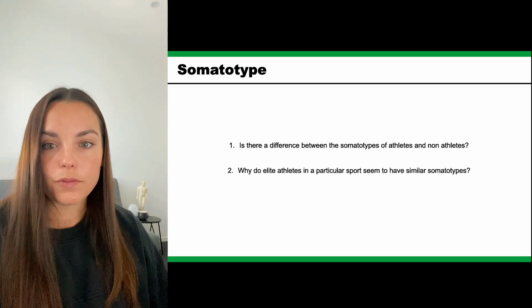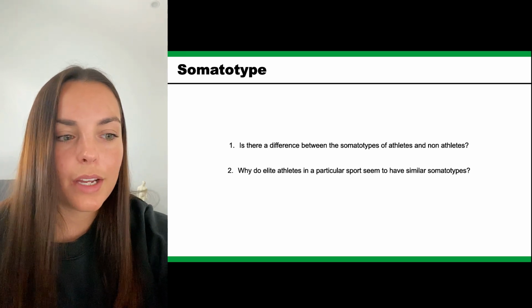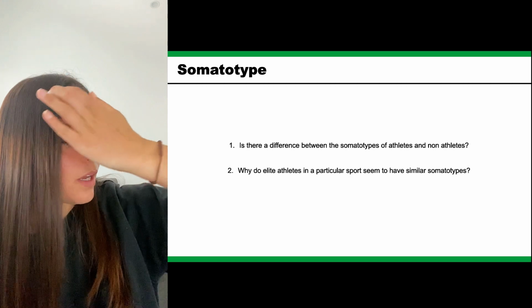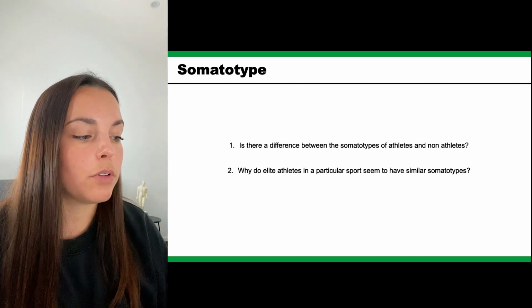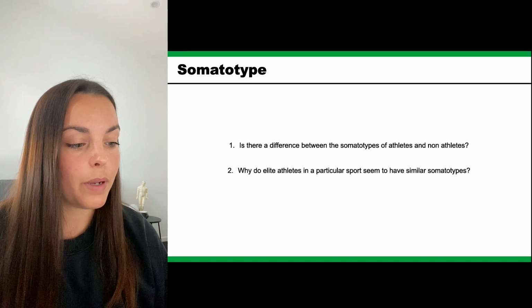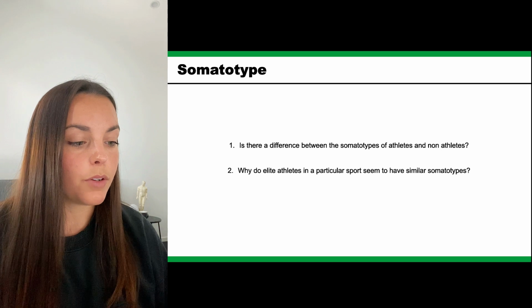Okay. For the final part of this lab, we are looking at a comparison between 2 different sports. Now, in your lab book, it says to plot where you think an elite swimmer and a slalom canoe paddler would score. Now, I'm not going to look at the slalom canoe paddler today.